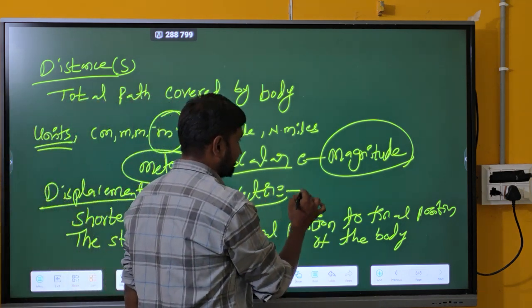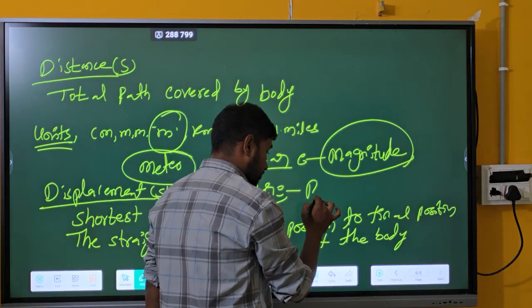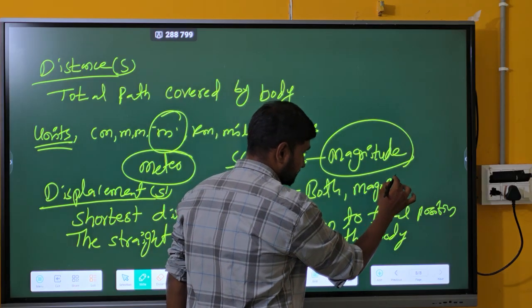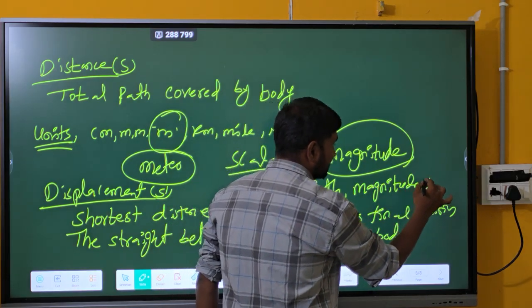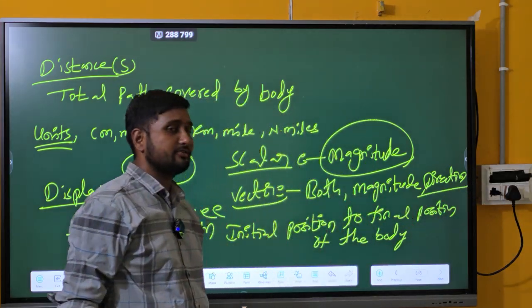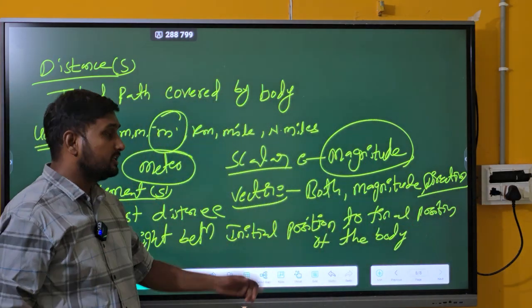Next, what is a vector? The physical quantity having both magnitude and direction is called a vector.